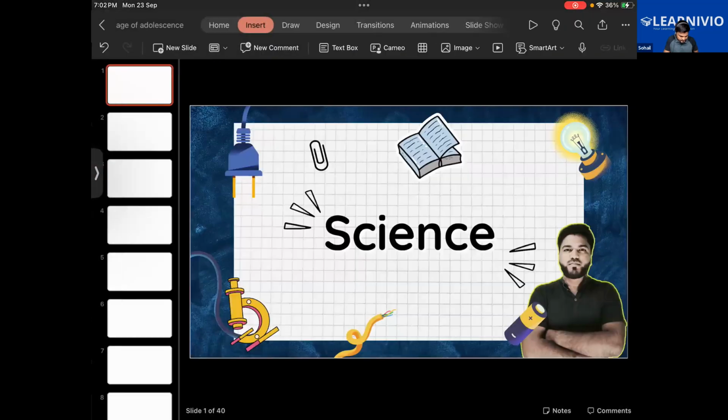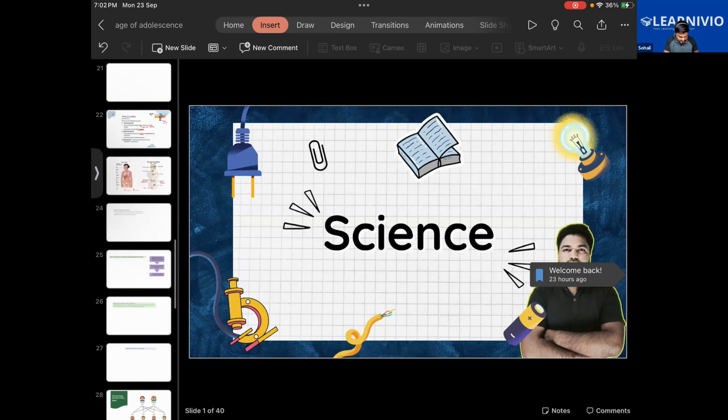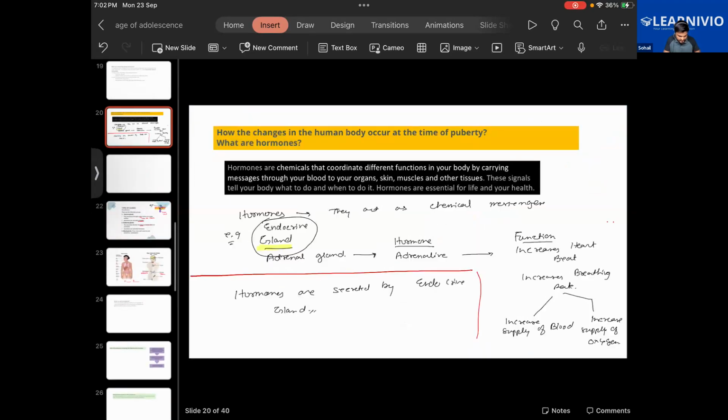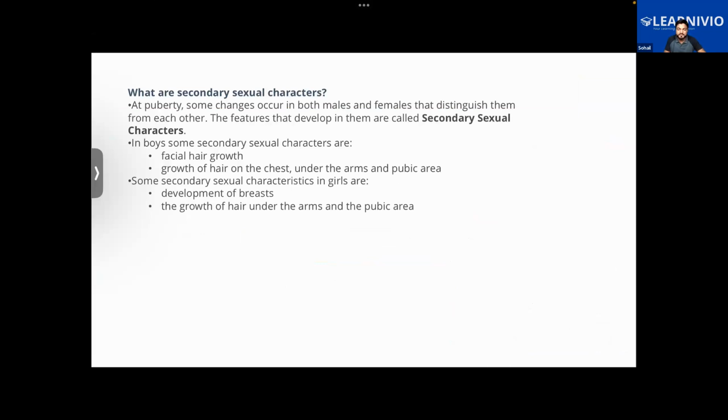So in the previous class, guys, we were learning about the glands. We did learn what are the two types of glands present in the human body. Anyone who has revised the previous class?